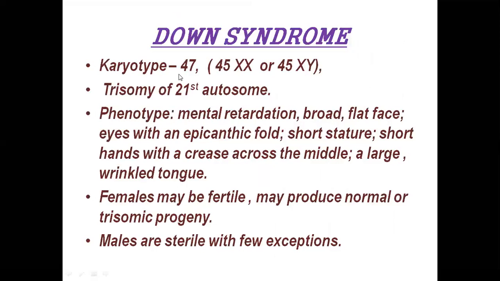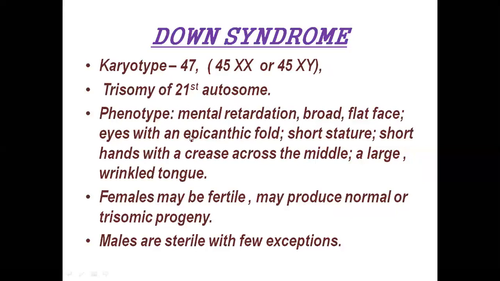Karyotype is 47, that means it has 45 chromosomes plus a pair of sex chromosomes, that is XX or XY, and this is because of trisomy of the 21st pair of autosomes.